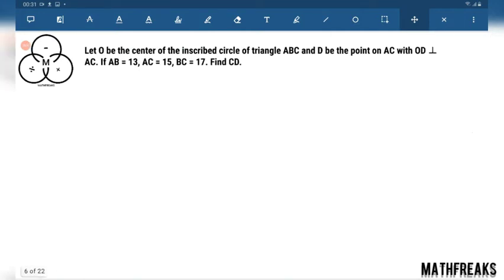Now this is a very easy question. Let O be the center of the inscribed circle of triangle ABC and D be the point on AC with OD perpendicular to AC. If AB equals 13, AC equals 15, BC equals 17, find CD. So let's draw a triangle.